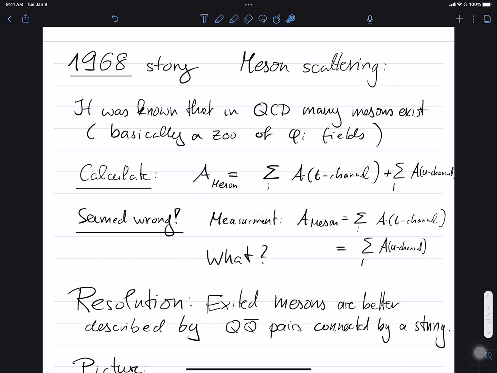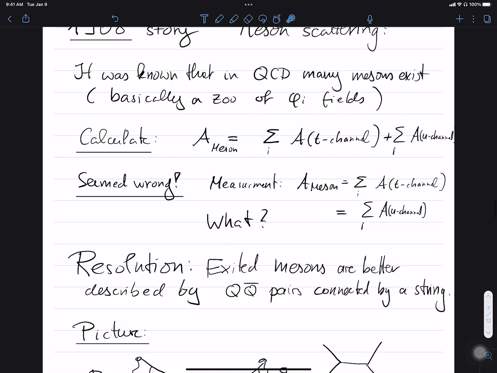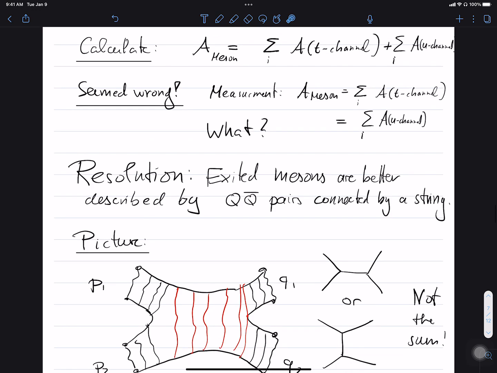This is absolutely distinguishable, and the experiment was clearly saying that this is the reality, not the other. So one could doubt the principles of quantum field theory and quantum mechanics at this point, but actually the resolution came quite soon, when people realized that mesons are not really point-like in this picture.